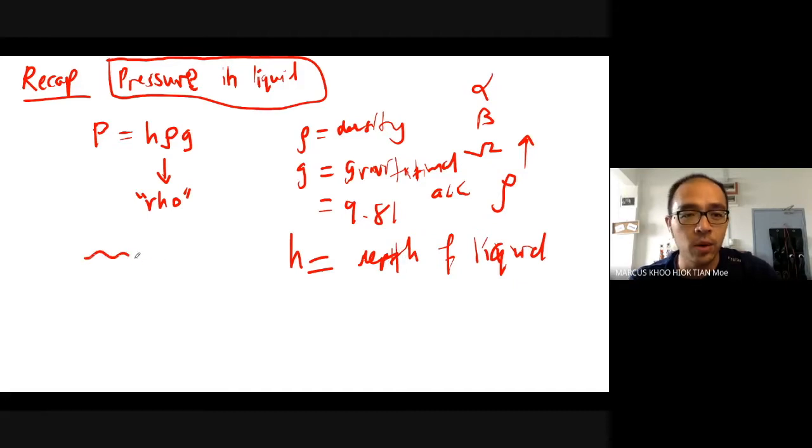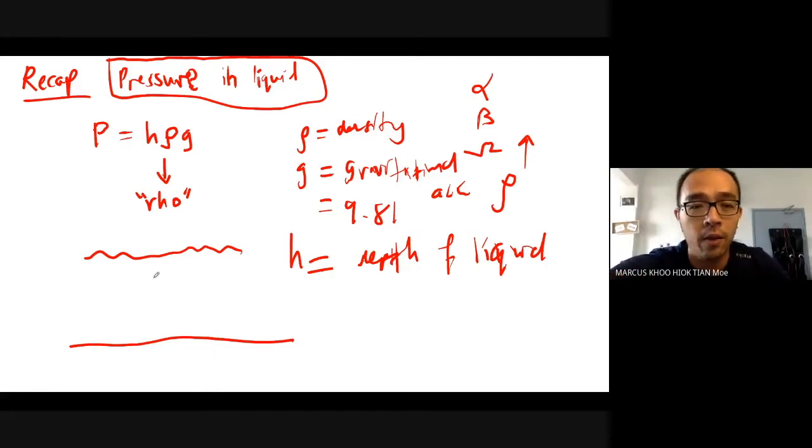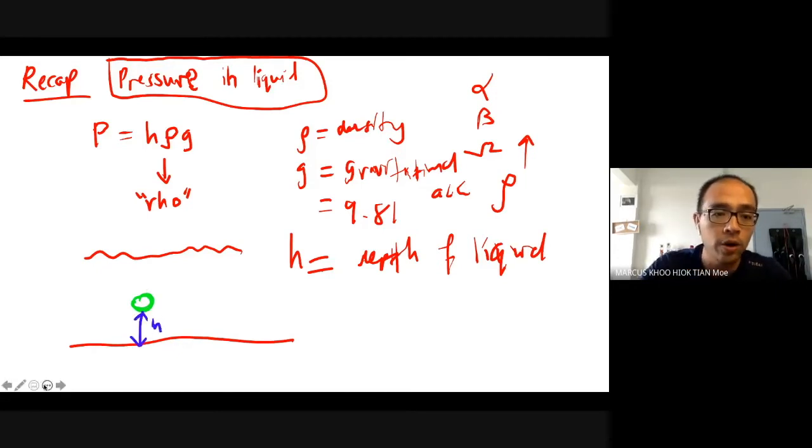If this is the water level, and this is the base, either the seabed or the bottom of the water bottle, I want you to tell me, Angeline, the H, the depth of the liquid, let's say this is the object over here, is the depth of the liquid measured from the base to this one, is this H, or this one?